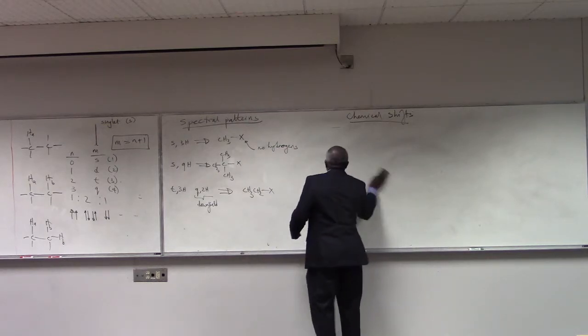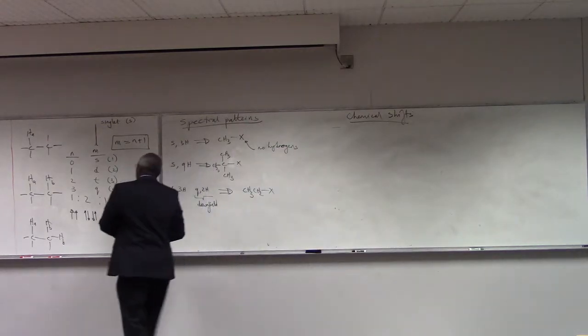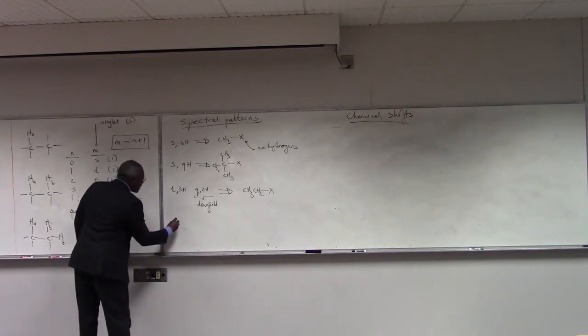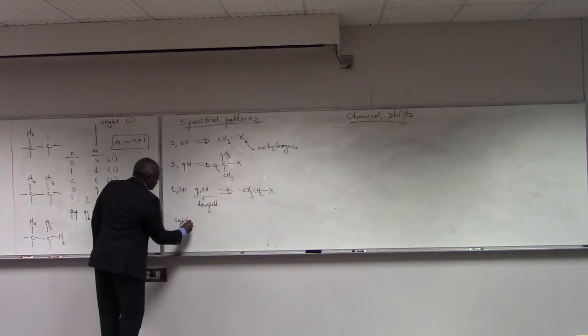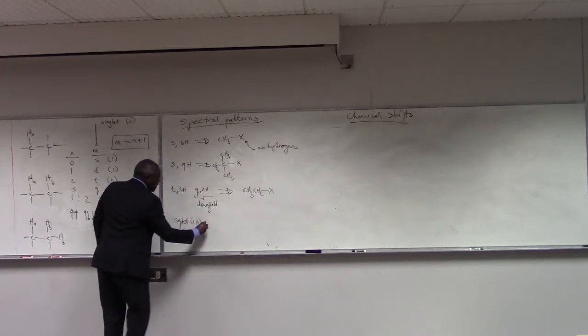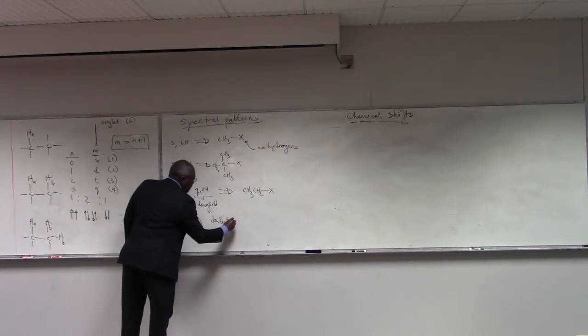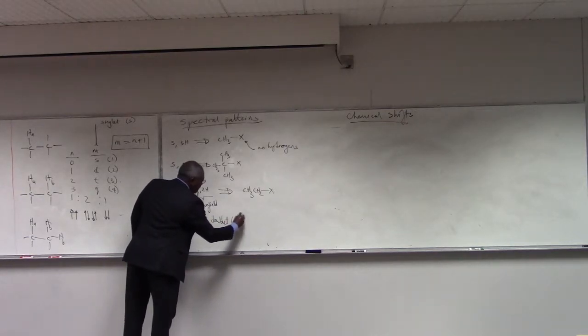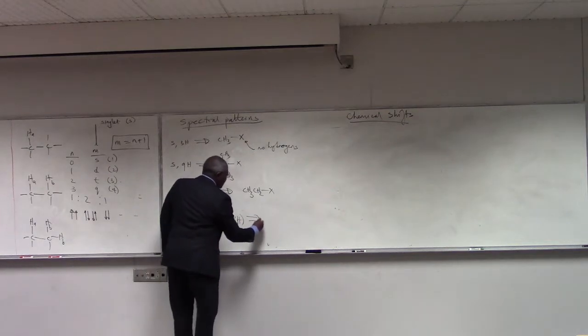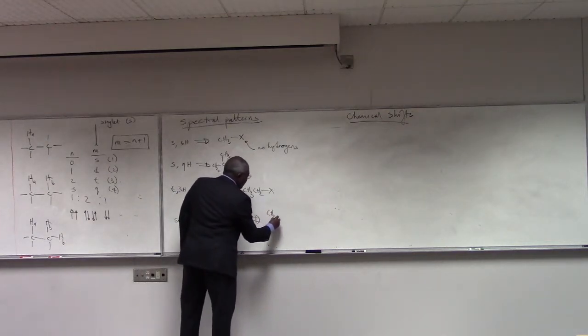And if I have a septet for 1H and a doublet for 6 H's, that screams I have an isopropyl group.